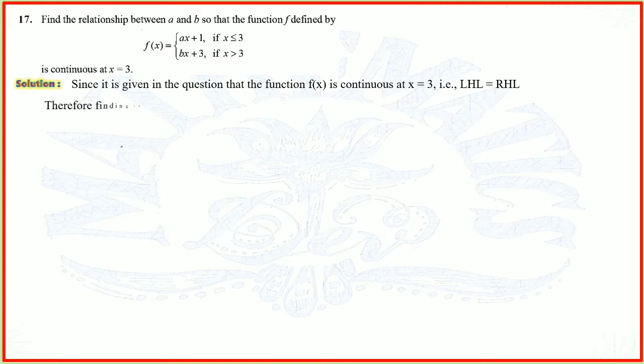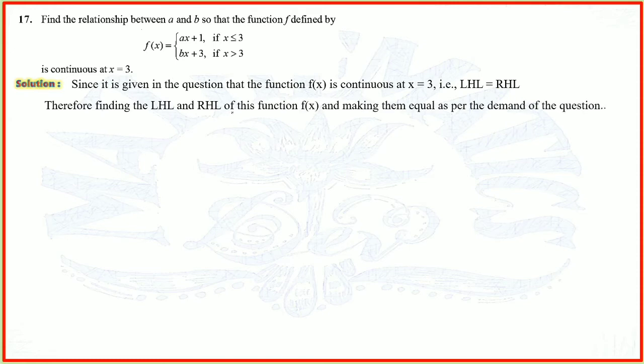Clear? For the continuity, therefore, we find the left hand limit and the right hand limit of this function f of x and make them equal as per the demand of the question, as it is asked that the function is continuous, already continuous. So we will take all the conditions of continuity and consider these as true.